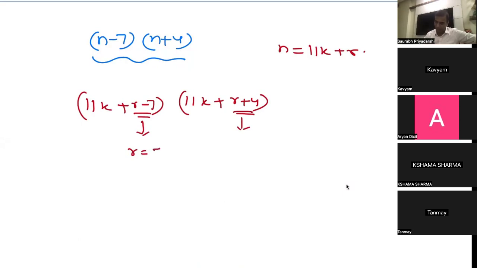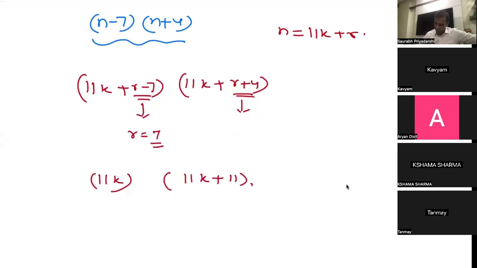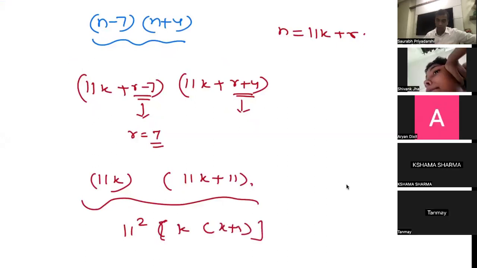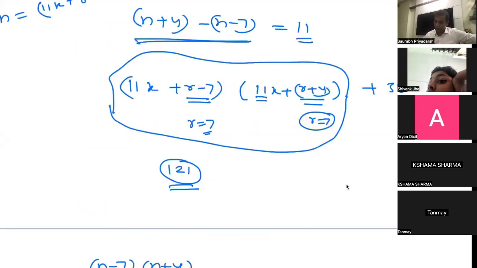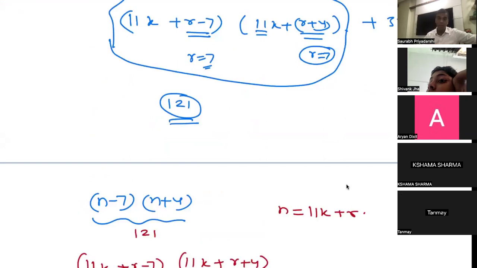If I'm taking 7, so this is 11k, and this having 11k plus 11. Is this okay? So overall, I'm saying 11 square is common out. This is k into k plus 1, right? So once it's possible that 11 square is coming from this number, if 11 square is coming from this number, means this number is divisible by 121.